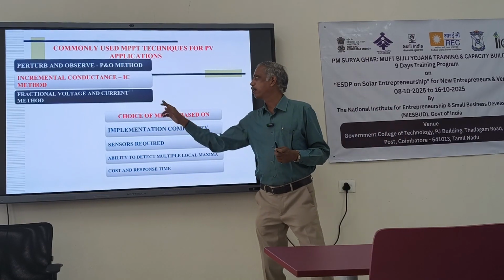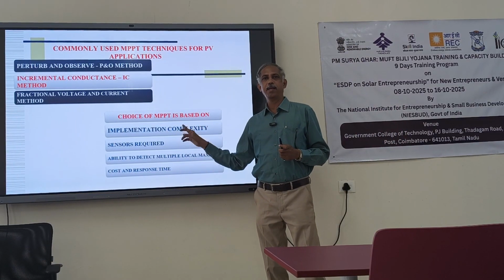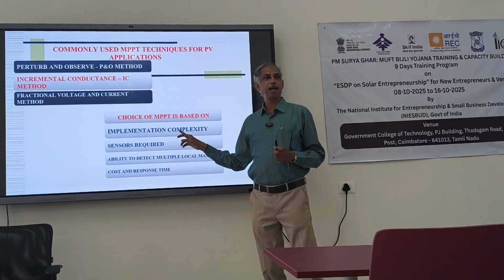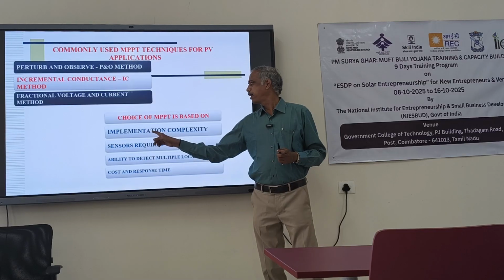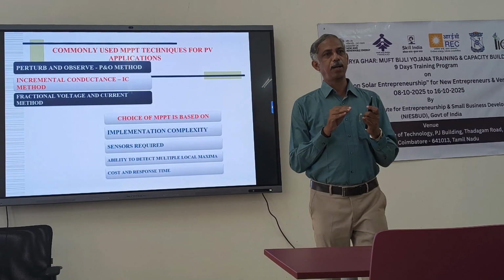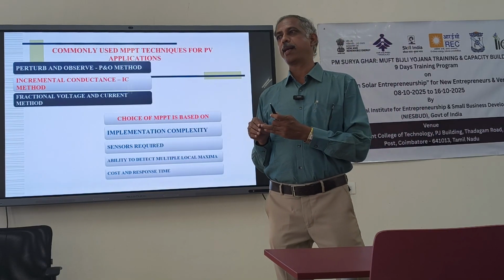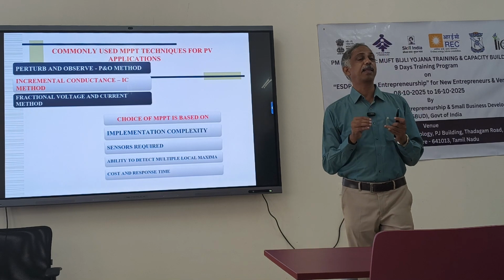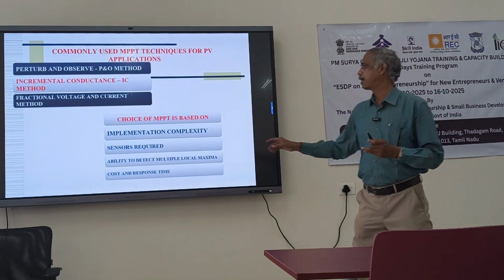So how do you choose this technique? The criteria for selecting the MPPT algorithm: you have to see the complexity in implementing the particular algorithm, whether to implement the P&O algorithm or the incremental conductance algorithm, and how many sensors are required.